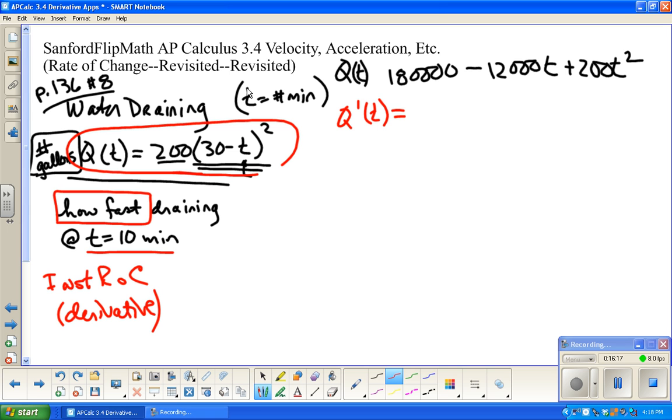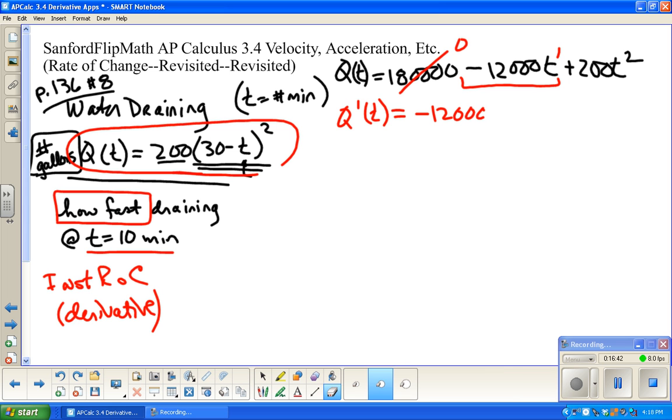All right, Q prime. All right, so the derivative of 180,000 is 0. Okay, I don't really need to write that. Okay, now, the derivative of this guy, well, t to the 1 times negative 12,000. I think I had a bonus 0 there.